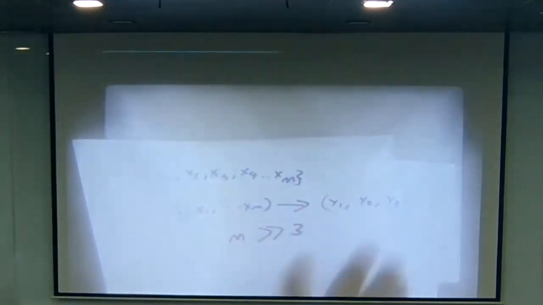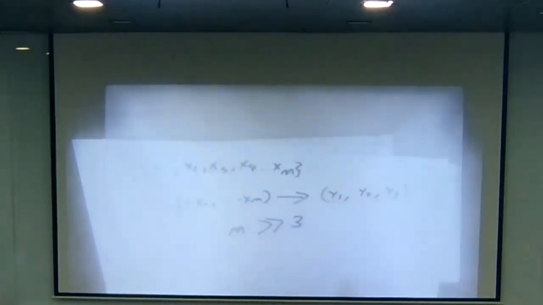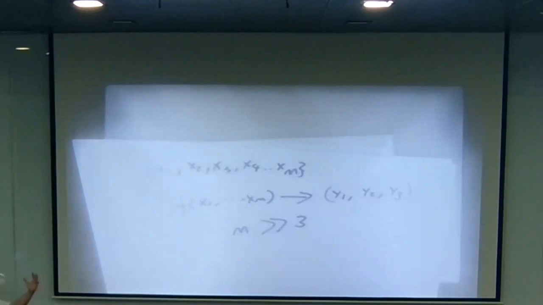So here, I'm not giving it a label. I'm not giving it a value. I'm giving it a location. This is dimensionality reduction from m dimensions to 3. So that's smaller, and conceptually you can plot 3, right?